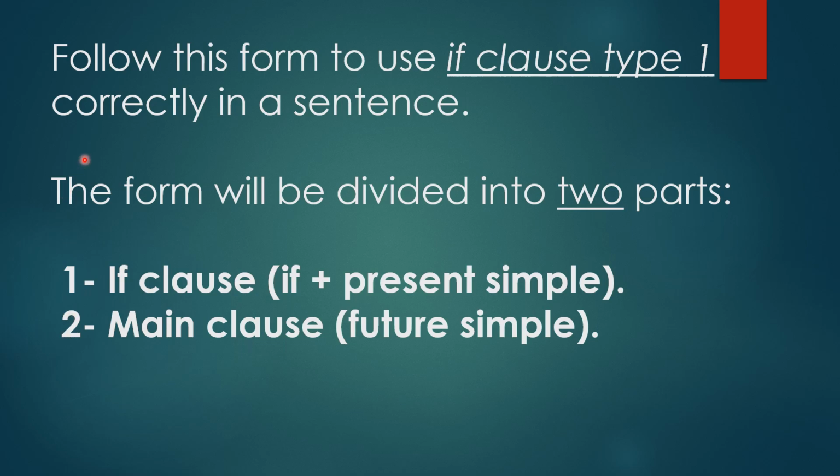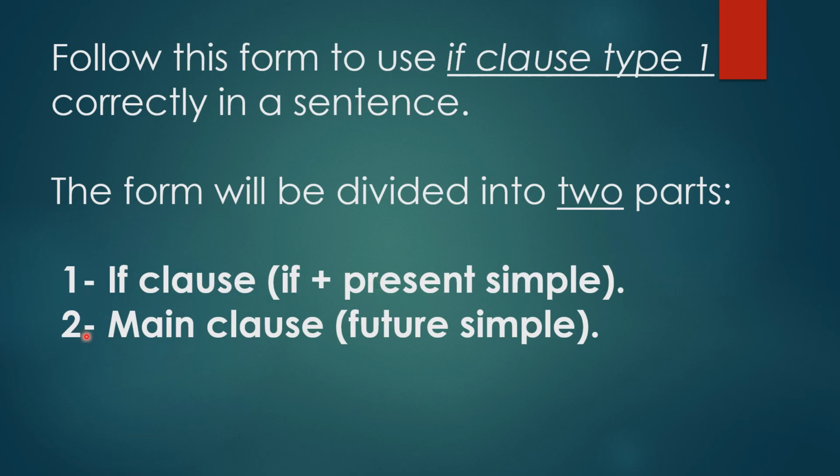Alright, so we need to follow this form to use if clause type 1 correctly in a sentence. This form will be divided into two parts. The first part is the if clause, which is if plus present simple.